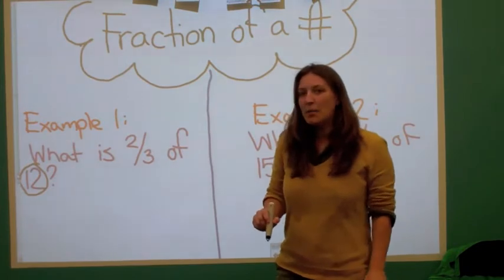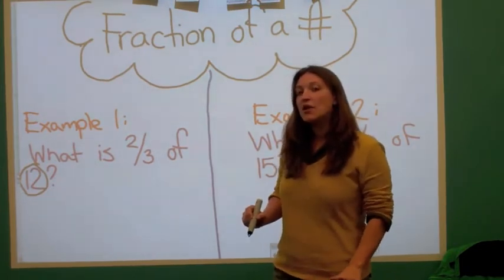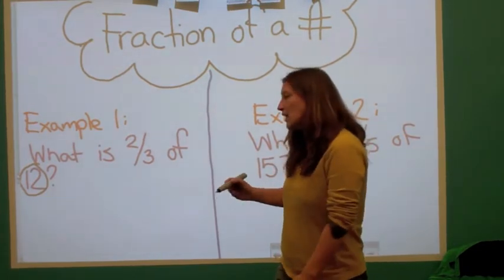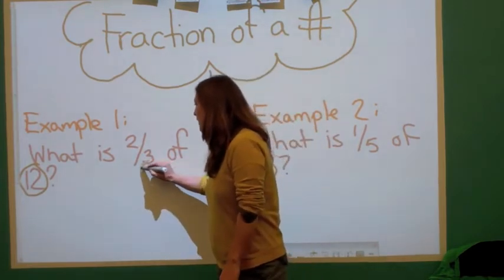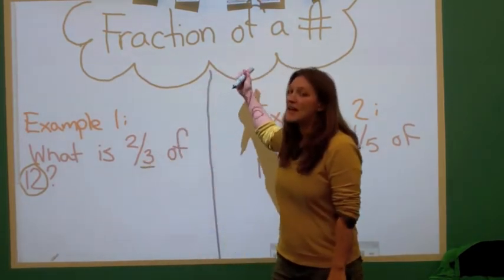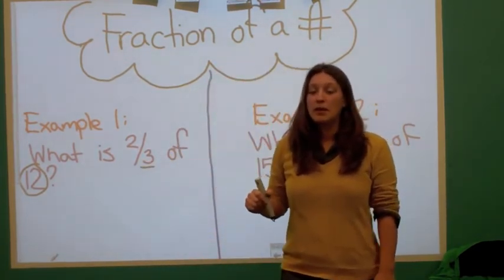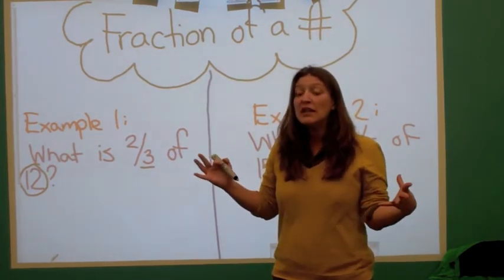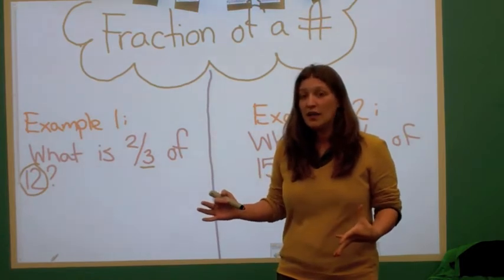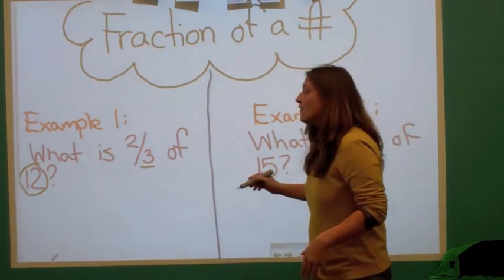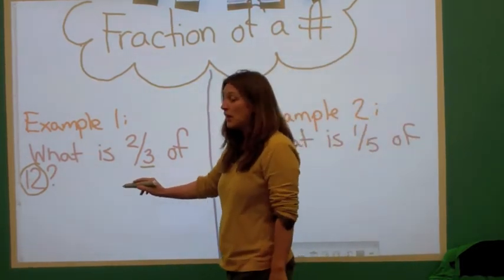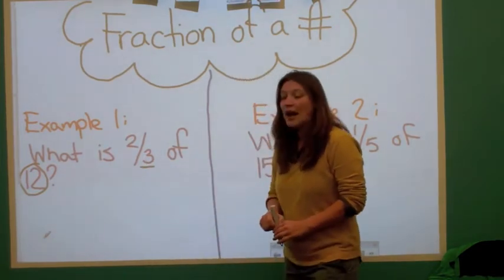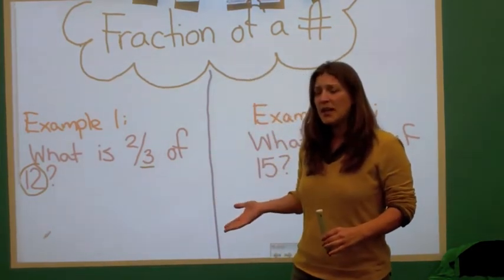The next step is to see what your denominator is. And I like to underline my denominator, especially when I'm finding the fraction of a number. The whole number and the denominator are going to play a really big role in this process. So we have 12 as our whole number and 3 as our denominator.